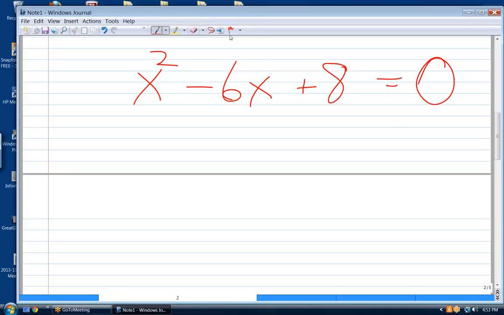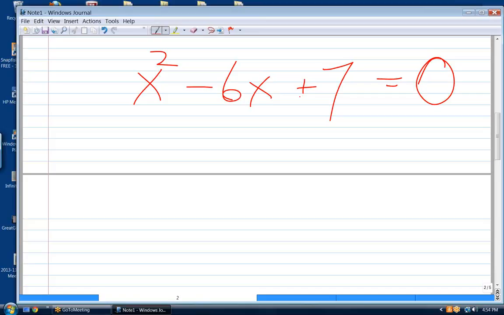No, that factors too nicely. I don't want that. Factors of 7 that add to 6. There aren't any. So I can't factor this.